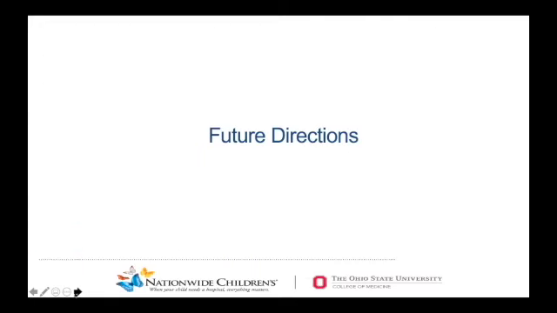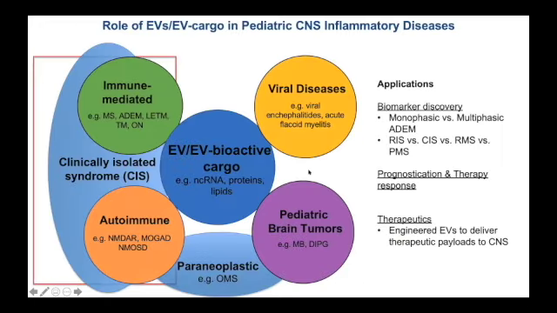And so future directions. So again, I've kind of highlighted this EV-centric research approach, and I think there are a lot of applications in the context of pediatric CNS inflammatory diseases with biomarker discovery.